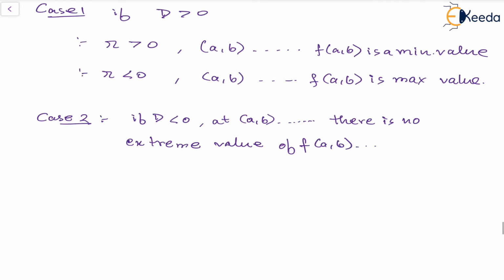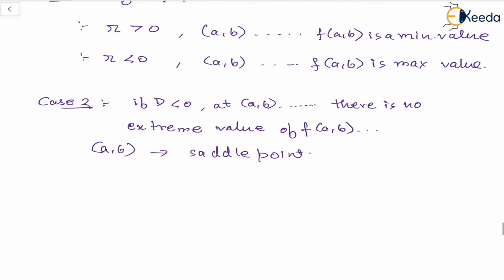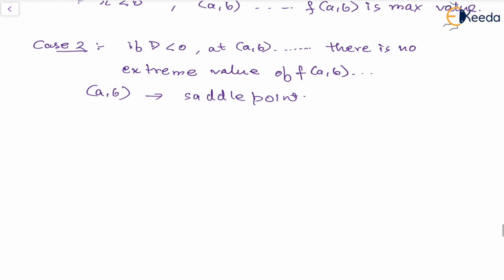And this point (a, b) will be known as a saddle point. So this is the case when discriminant is less than 0 and the critical point is known as saddle point.